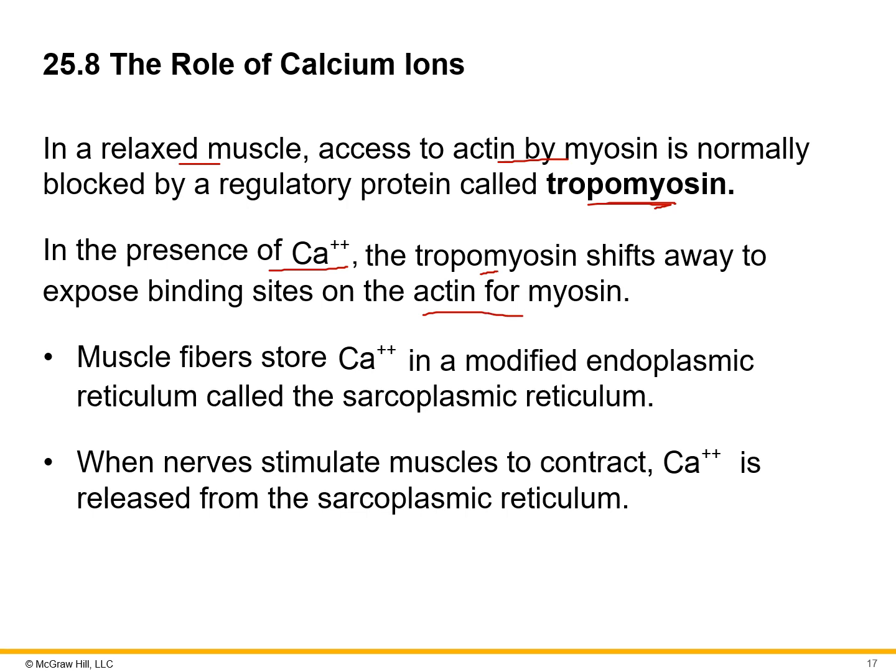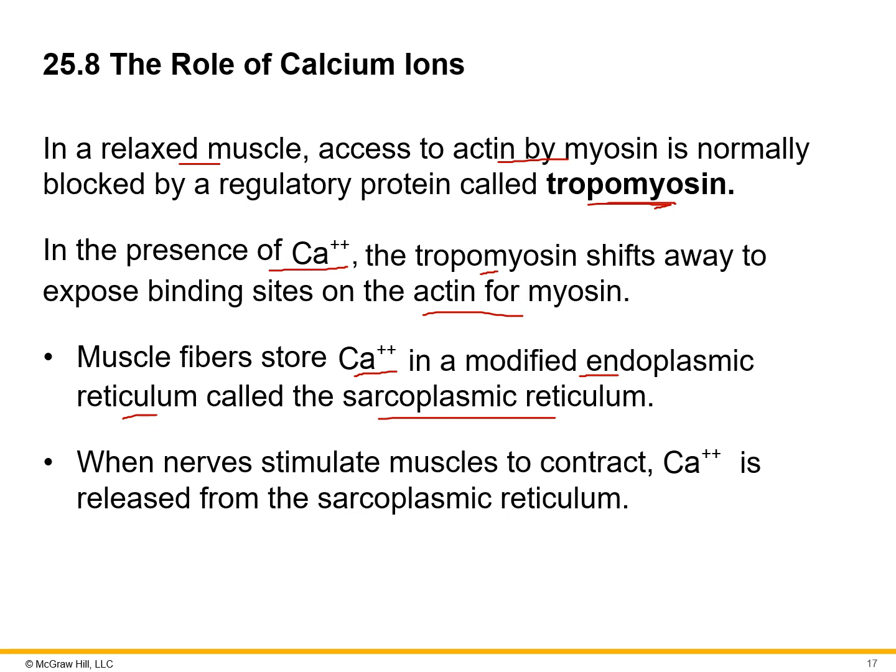These muscle fibers actually store calcium in a specialized part of the endoplasmic reticulum, the ER, called the sarcoplasmic reticulum. We have the smooth and the rough ER for protein production and our carbs and lipids.